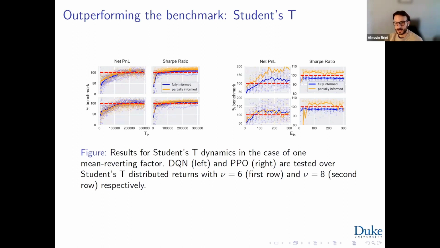And this is just one example of a way that you can perturb your model. You could do more. Like in the paper, we also tried to get rid of the mean reverting factor model and simulate the data as a Gaussian process. So you can use a very different process than the one stated by the benchmark models.